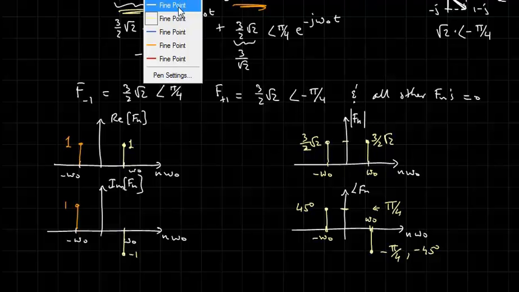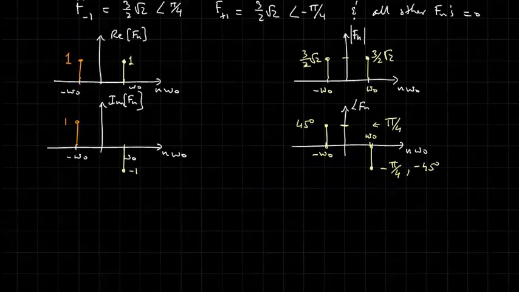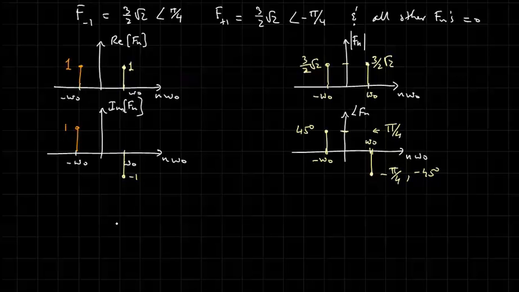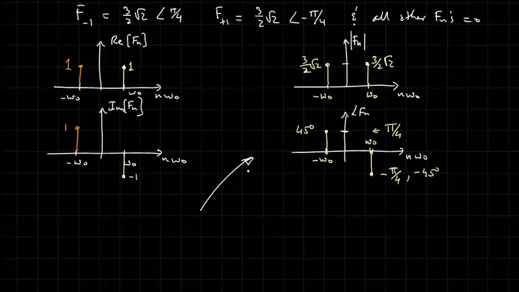So let's draw a conclusion from this. Referring to the magnitude and the angle plots of our coefficients f of n, we notice that the magnitude of f of n is an even function.